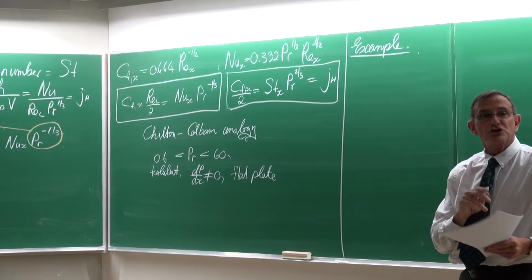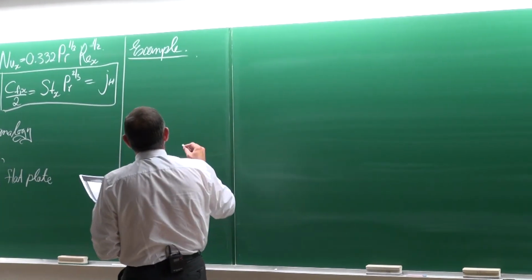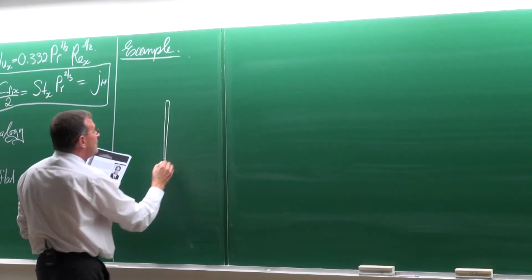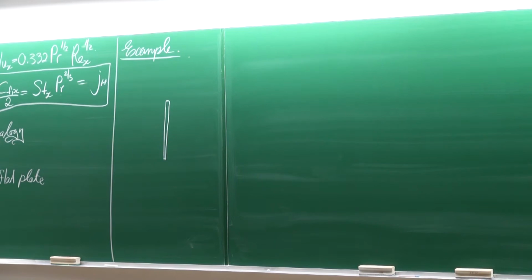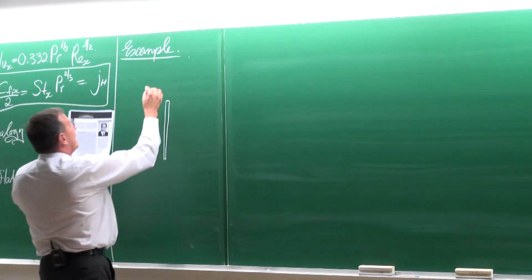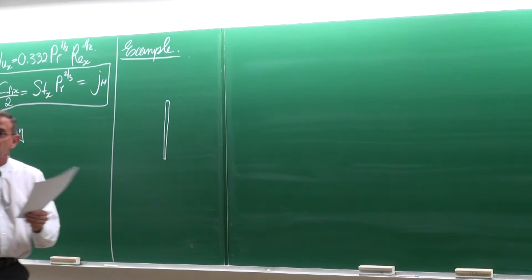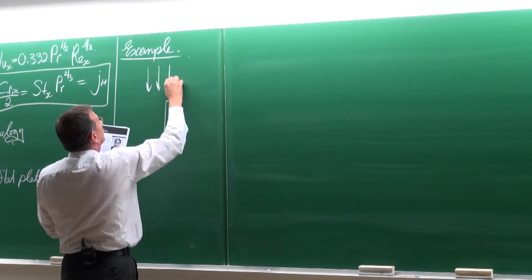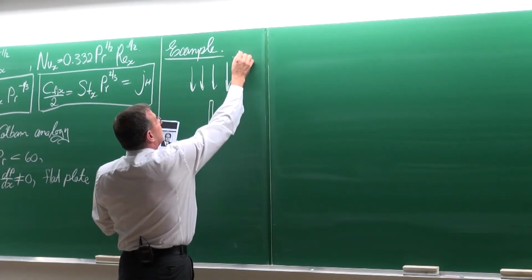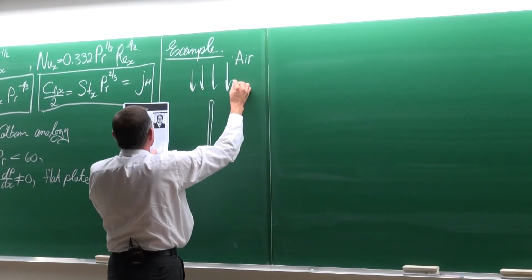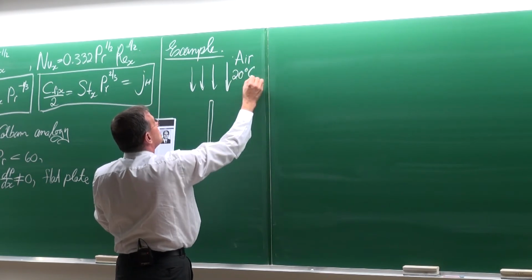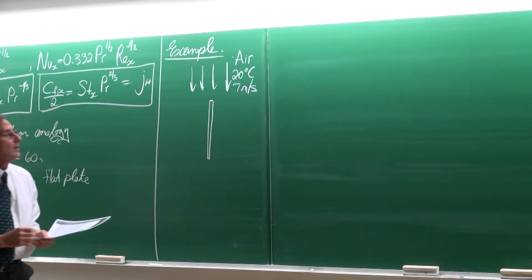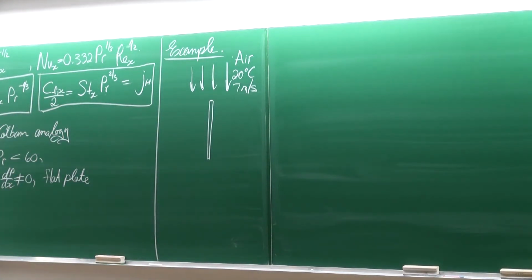Let's suppose with your research project, you are given the task of looking at an aeroplane wing or something quite flat. And it is a heat transfer professor, and he tells you, I would like to know, if the air flows over this flat plate and it's at a temperature of 20 degrees Celsius and 7 meters per second, what would the heat transfer coefficients be?